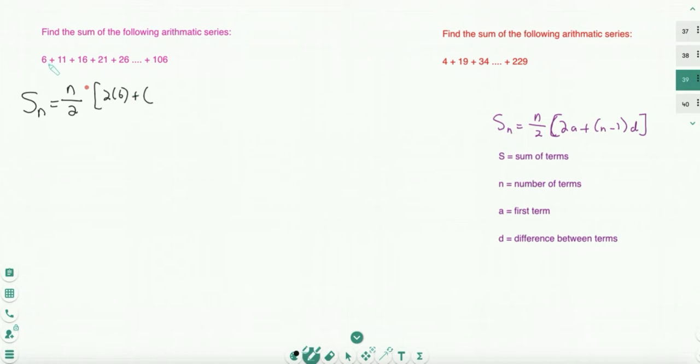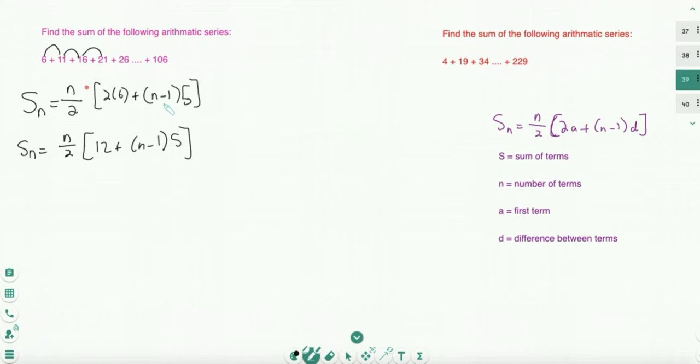Well, we don't know how many terms there are in the sequence, so n minus 1. But we do know d. The difference between each term is 5, 5 every single time. Then we're just going to simplify. The sum is equal to the number of terms over 2, 2 times 6 is 12, plus n minus 1, 5.